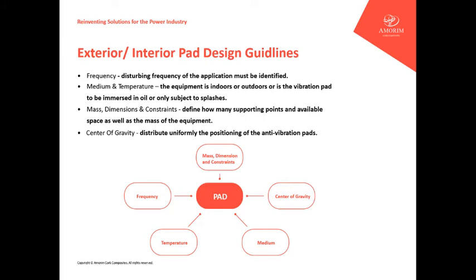This information will guide us to define the best material and the best solution. Center of gravity. And the center of gravity we need to know to distribute uniformly the pads in order to achieve a stable solution when positioning the pads.